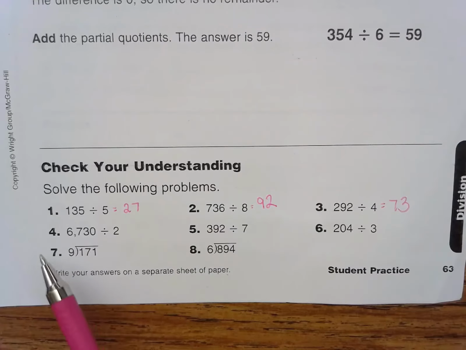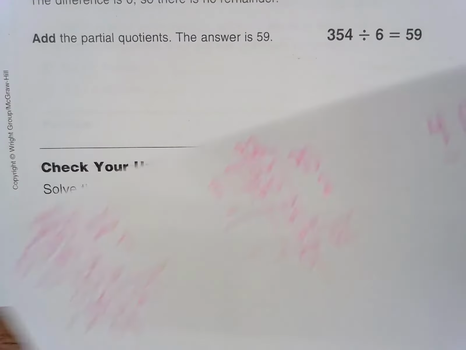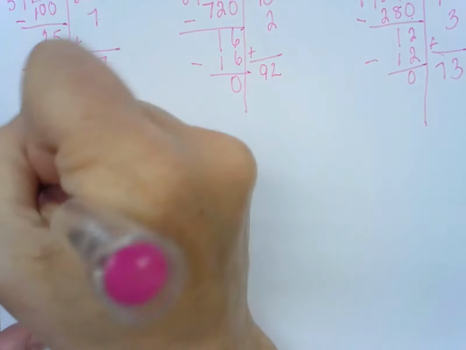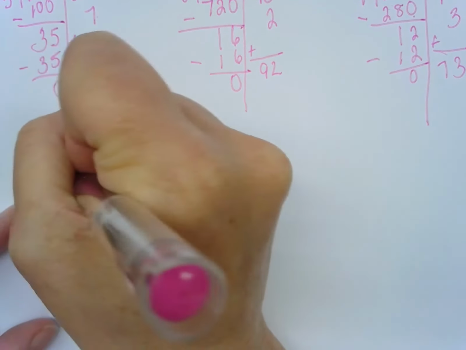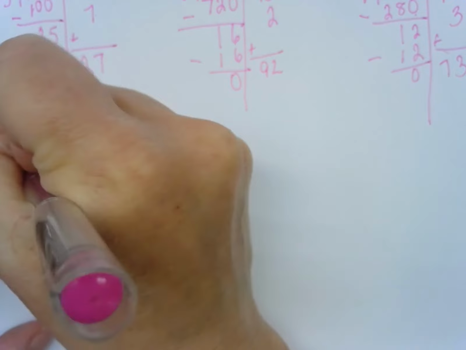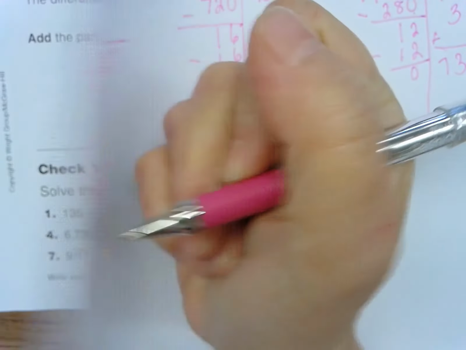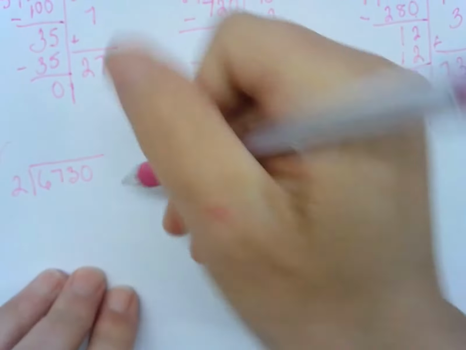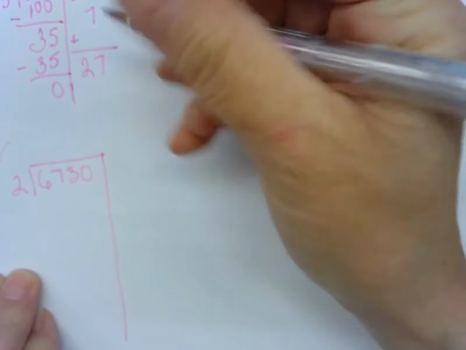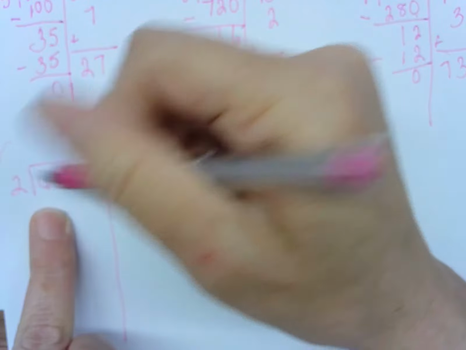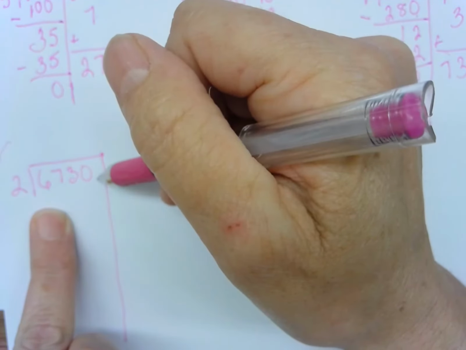Number 4, 6,730 divided by 2. Okay, so, how many times does 2 go into 6,000?